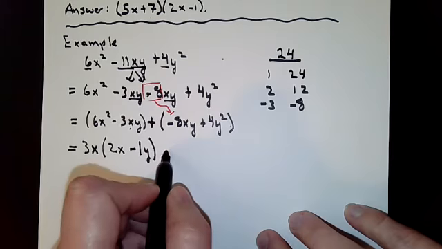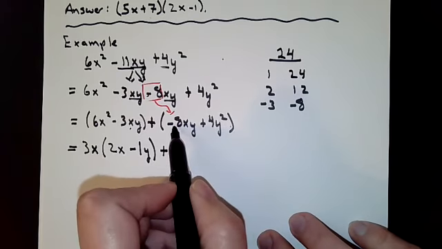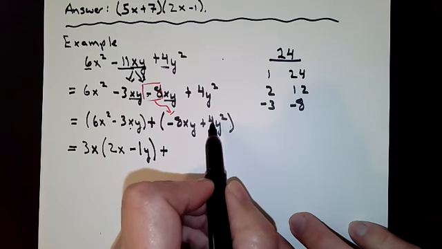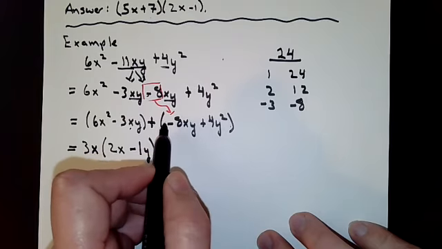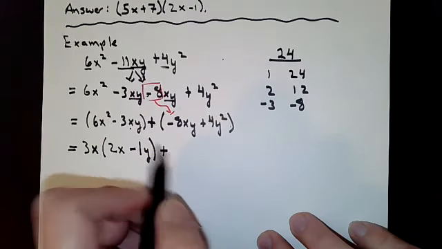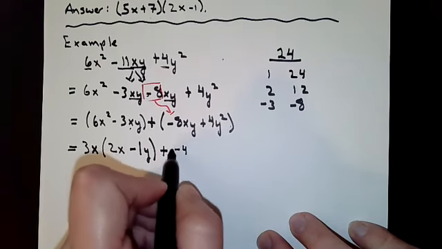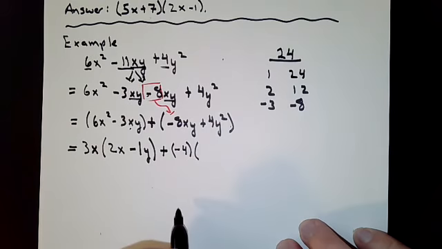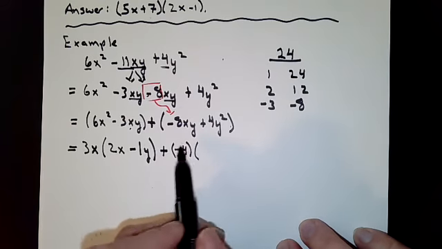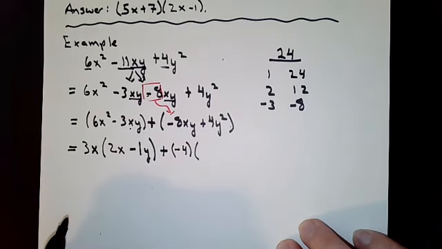Okay, moving on to this next one. Negative 8 and positive 4, both divisible by 4, but because this first term is negative, we're going to factor out a negative. So we're going to factor out a negative 4. I already wrote the plus sign there, so let's put it in parentheses. All right, so now division, negative 8 divided by negative 4. Oh, I forgot to factor out the y. Silly me. Forgive me.